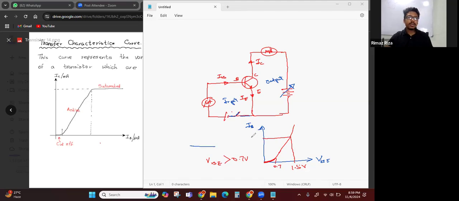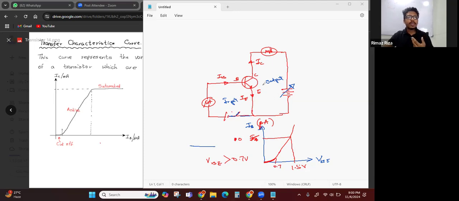Therefore, there will be a corresponding IB value, maybe something in the microampere range, like 10 microamperes. That means there is a current passing through, so the junction is biased.